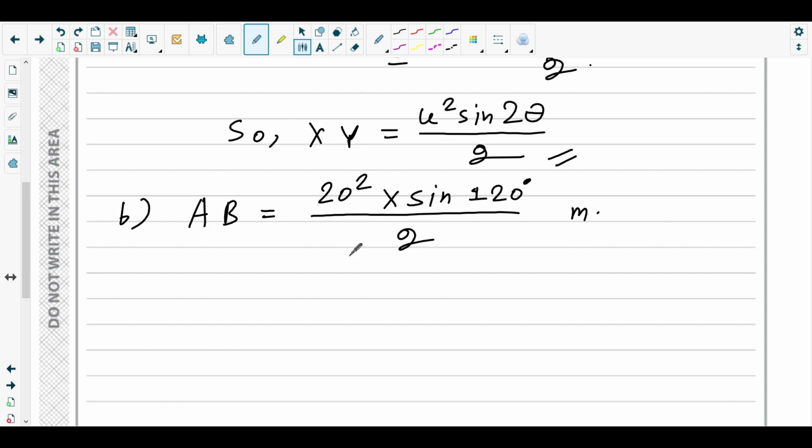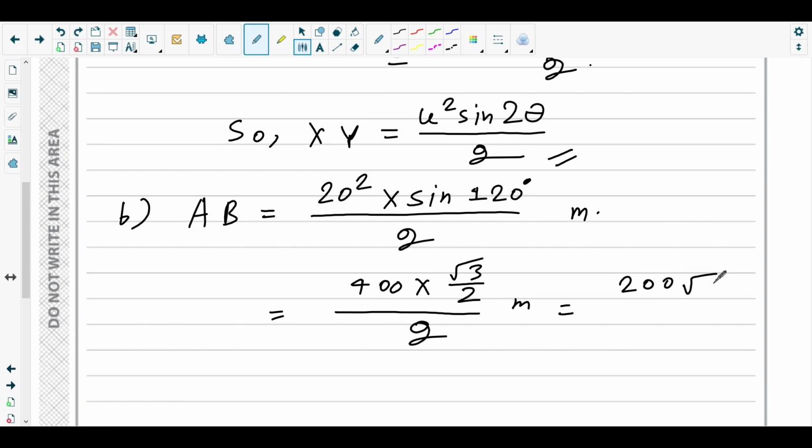This equals 20 squared, which is 400, times sine 120 degree, which is root 3 over 2, over g. Keeping it in exact form, you get 200 square root of 3 over g meter. This is the distance AB.